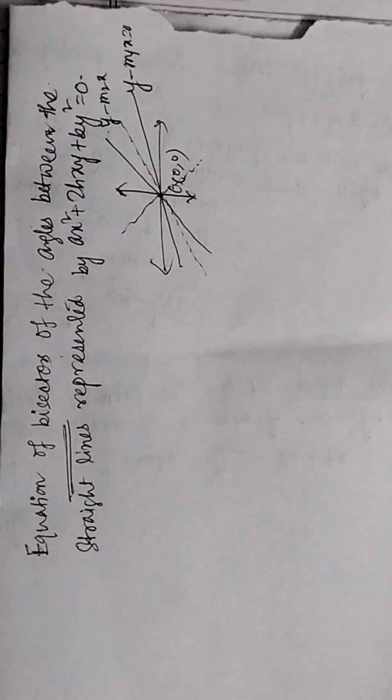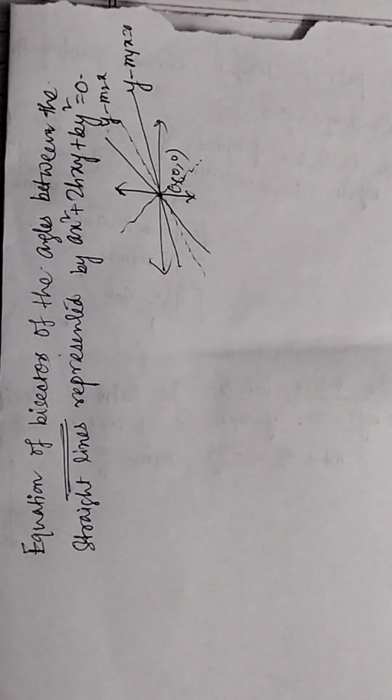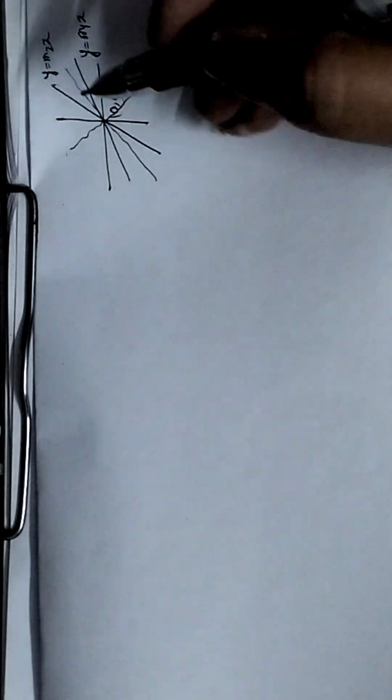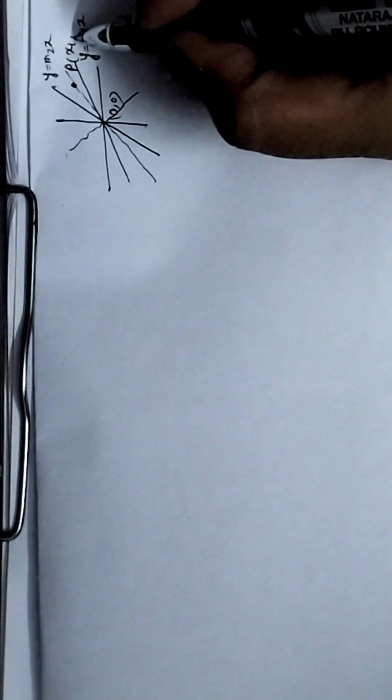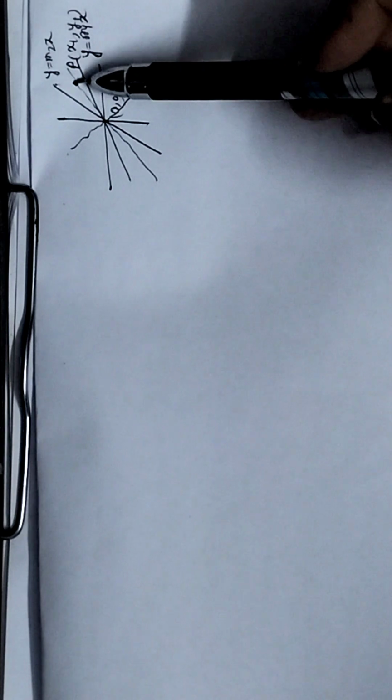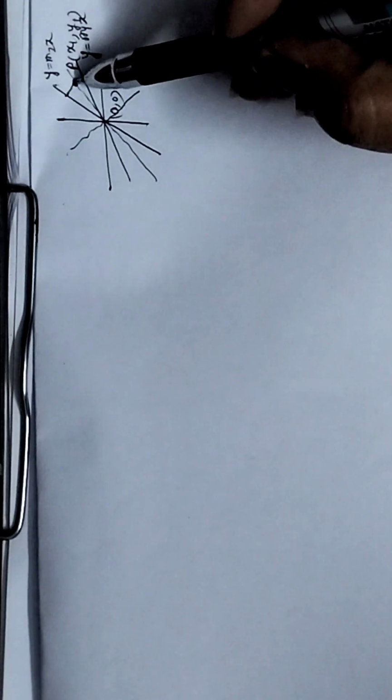Now let's learn how to find out this locus. Now let us consider a point P having coordinate x1, y1 lying on either of these two bisectors. So by definition, this P will be equidistant from both the lines. Okay.